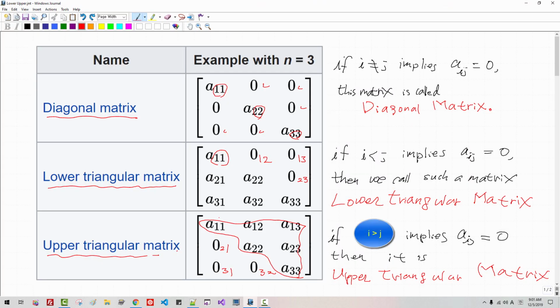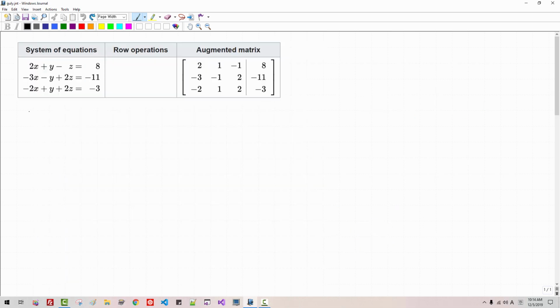In a future episode, we will also implement the lower triangular matrix. Since we are C and C++ programmers, instead of this fancy-looking mathematical notation, we will use a more C++ friendly notation like this. 2x0 plus x1 minus x2 equals 8.